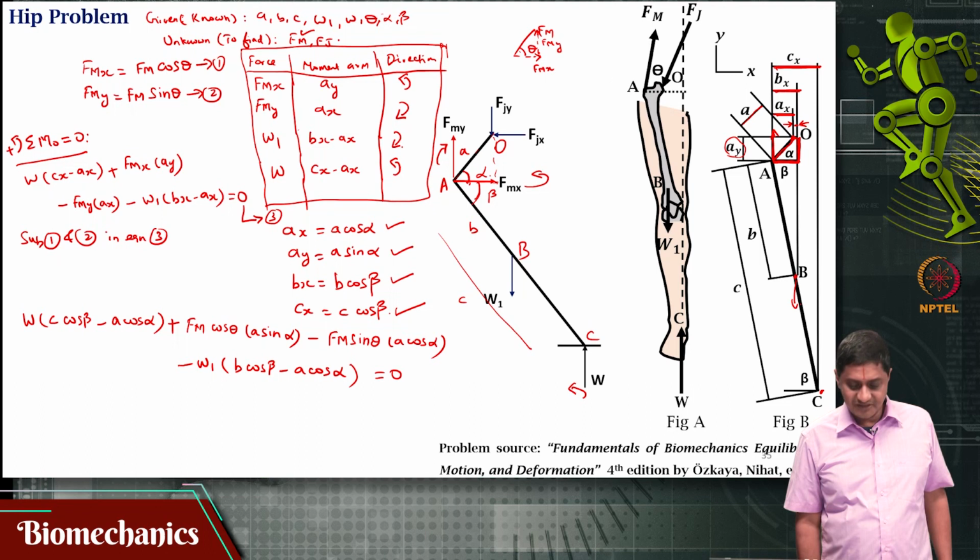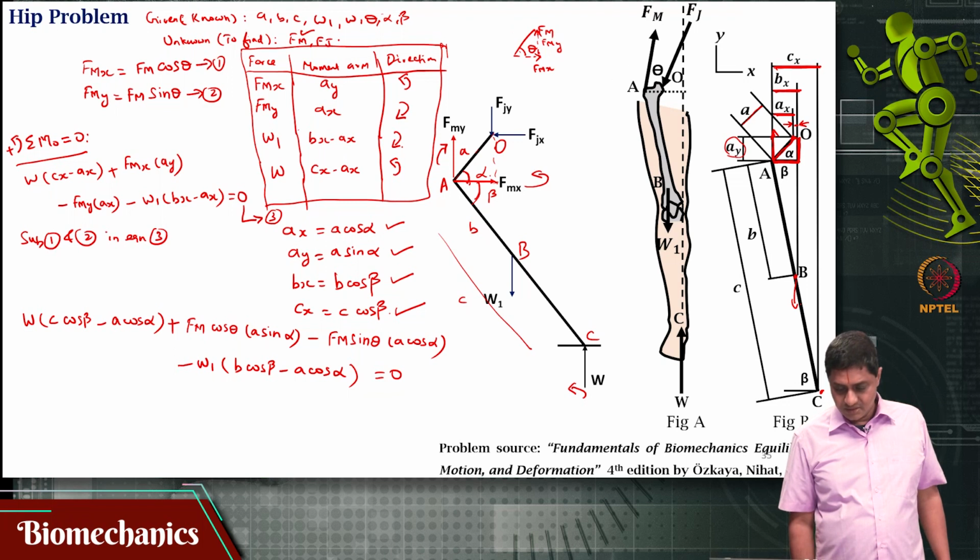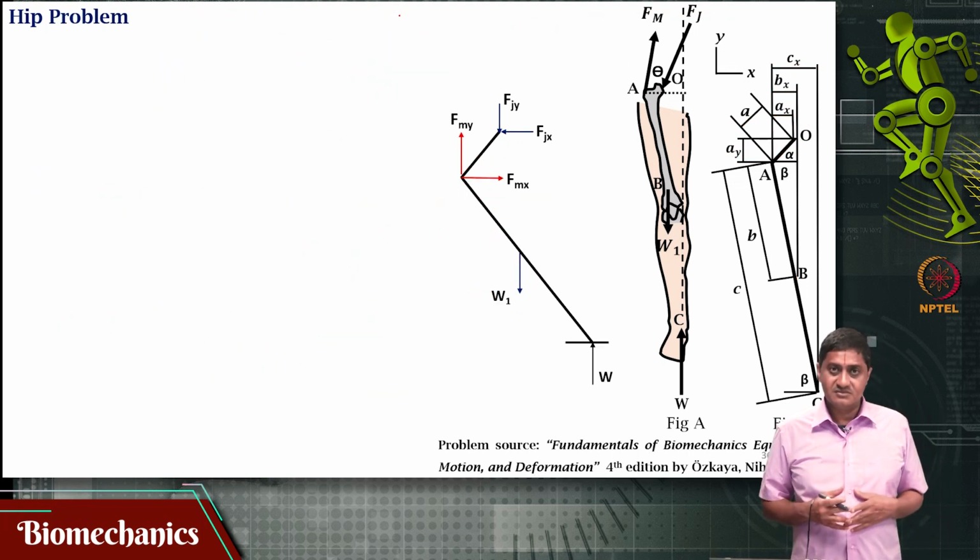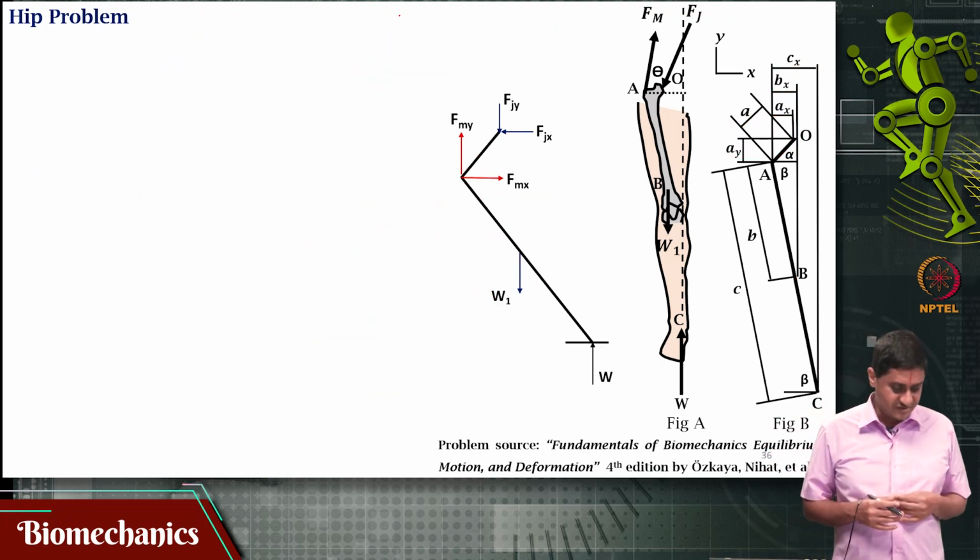Now, after some algebra, I request you to please do this algebra. After some simplification, isolate Fm, separate Fm from the rest of the equation, and find the expression for Fm in terms of all of this.